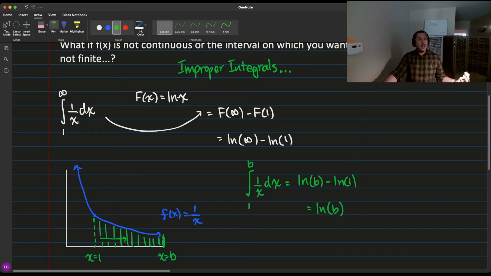Now, I don't want to integrate from 1 to b. What do I actually want to integrate to? The real problem I want to deal with: 1 to infinity. And this is where you get the idea: why don't I let the limit of b go to infinity for this integral?